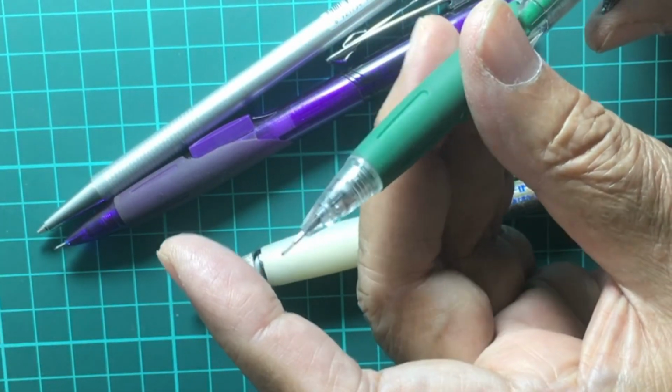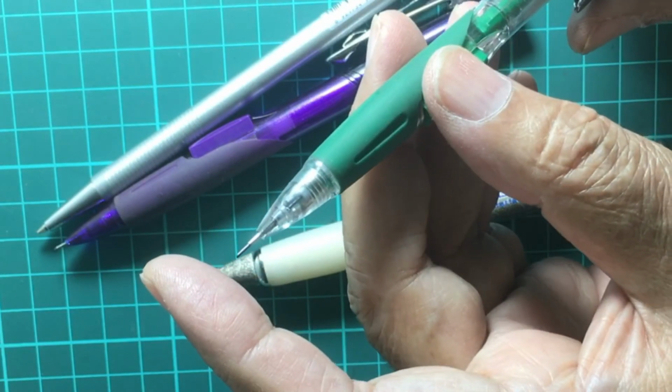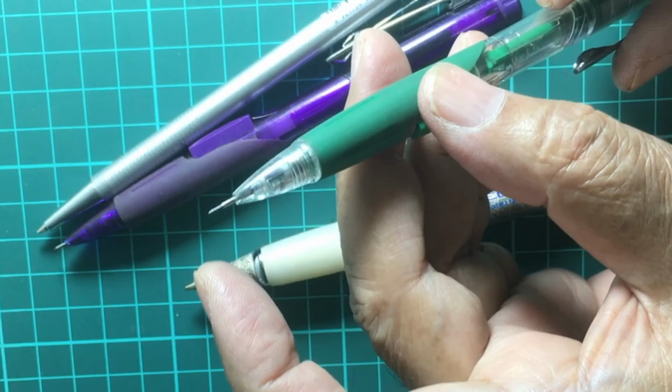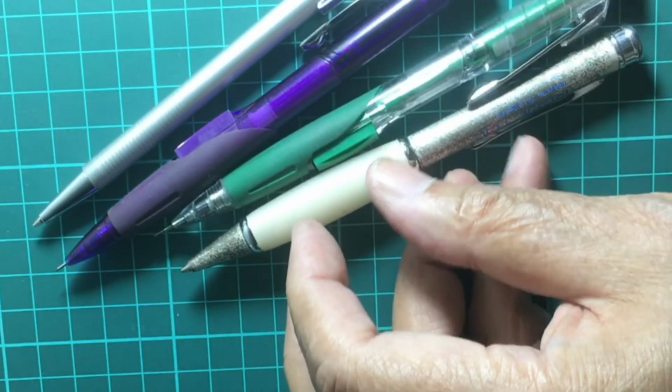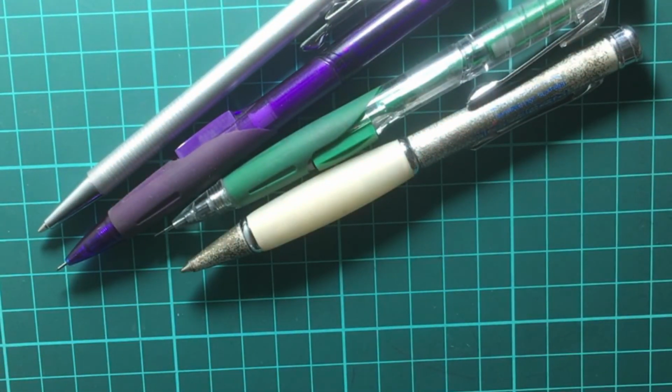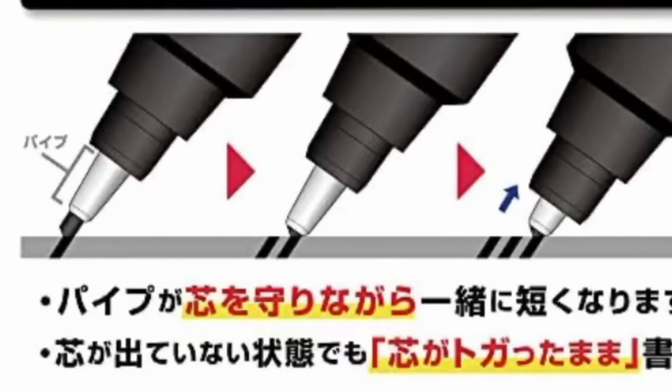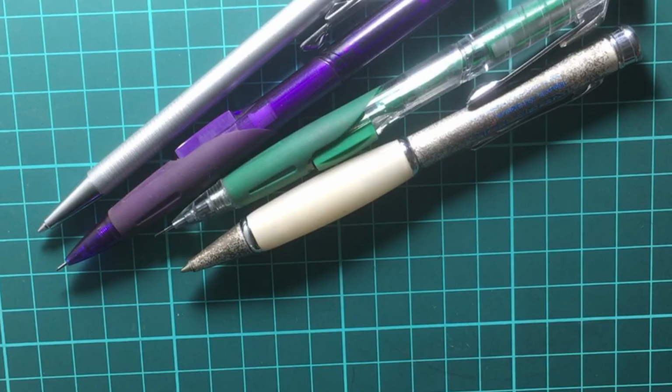But if you have a dual clutch system, that retains even the small portions, and you can save on that 15% wastage. In the end, we are going to discuss this. Last is the auto graphite.